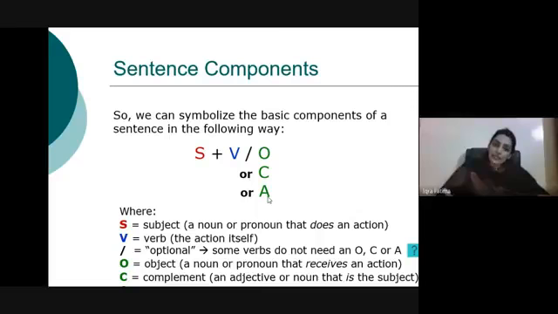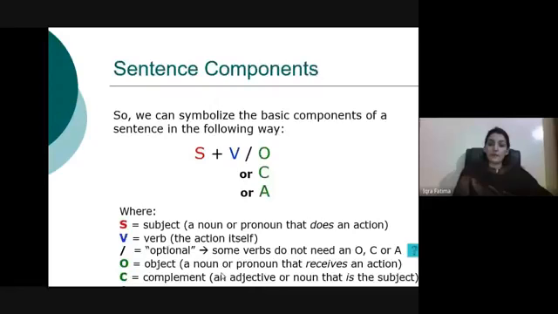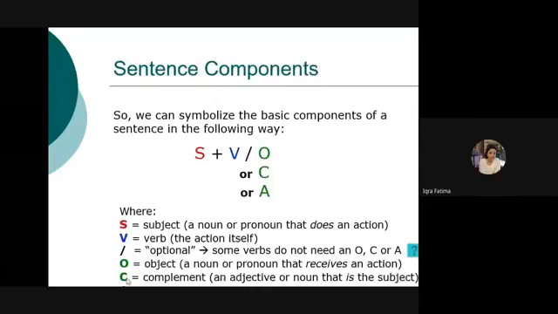Other than that, what three things can you add to complete your sentence? Object, that receives your action, and that object could be a noun or pronoun. Complement, that is a complement on the subject that is not receiving your action. It's a state of the subject.